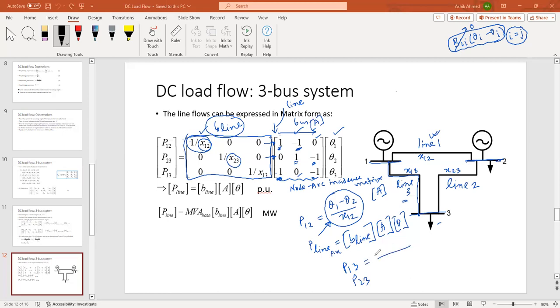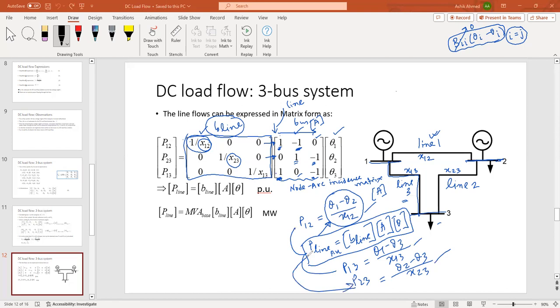P13 is theta 1 minus theta 3 divided by x13, and P23 is theta 2 minus theta 3 by x23. You can check that this generalized matrix-vector multiplication returns all these 3, simply by multiplying these 3 matrices.